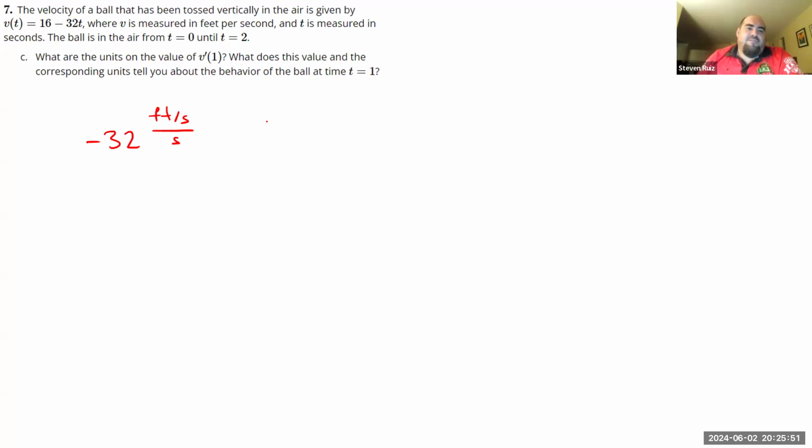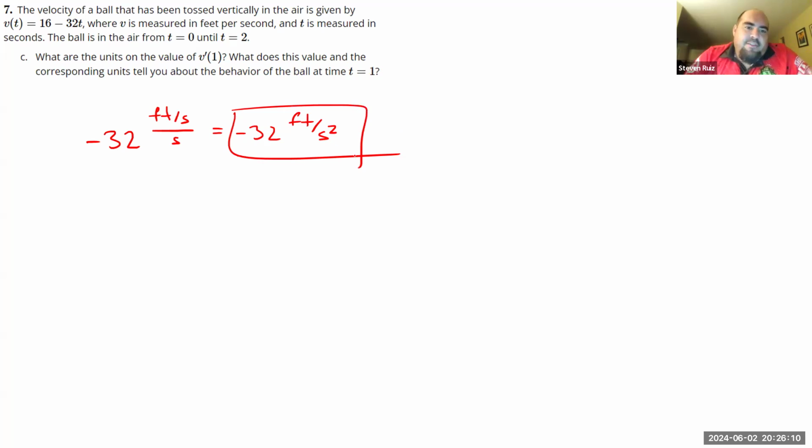So we get feet per second per second, or another way we can say that is feet per second squared. I'm going to stick with this one, as it's probably a more common, more favorable way to say this unit: feet per second squared.